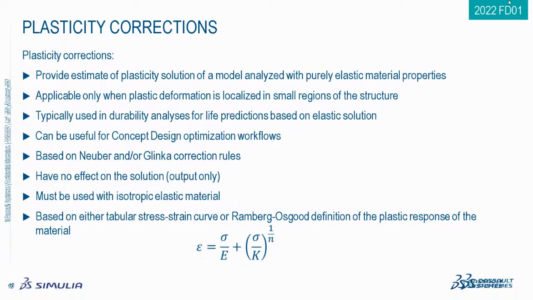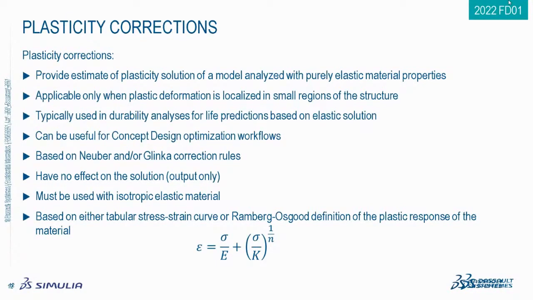But it's a very powerful and useful capability, for example, in durability analysis. You're doing fatigue calculations at fillets and so forth, life predictions. The benefit being we can get an entirely elastic solution, which means we don't have to deal with convergence challenges, and still be able to take into account the nonlinear effects of the plasticity.